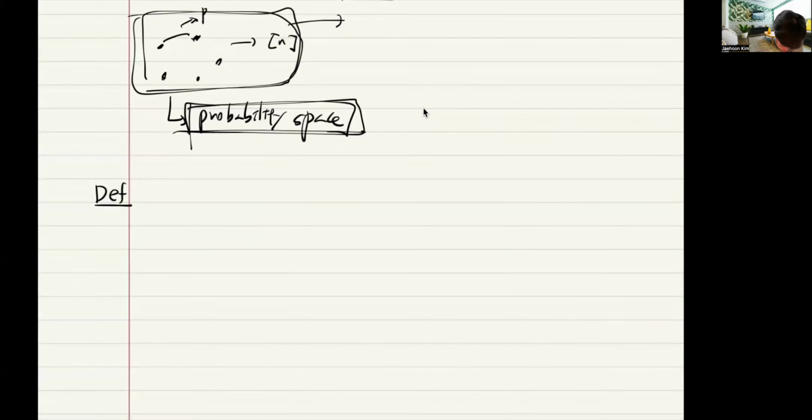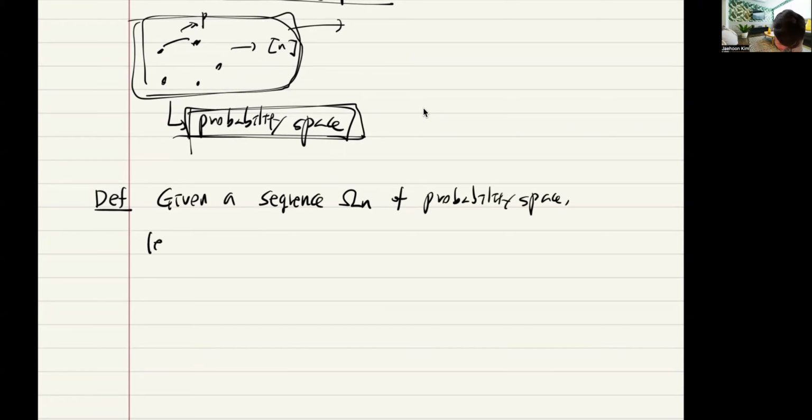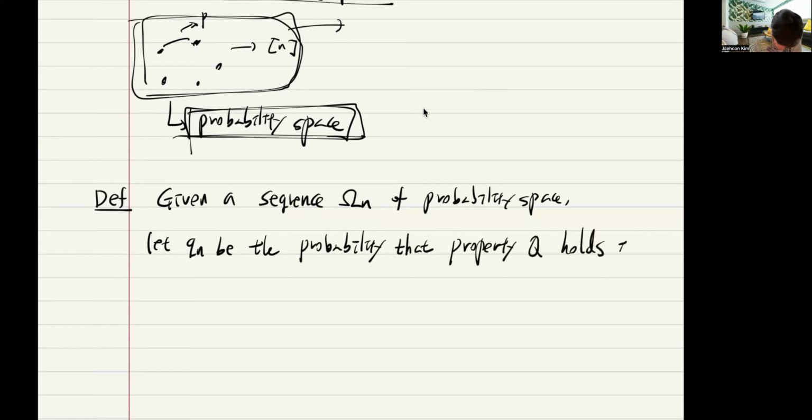One of the terminologies we want to define is the following. We're given a sequence of probability spaces. Say, let's write this sequence as omega n. Let Qn be the probability that a certain property Q holds in this omega n.